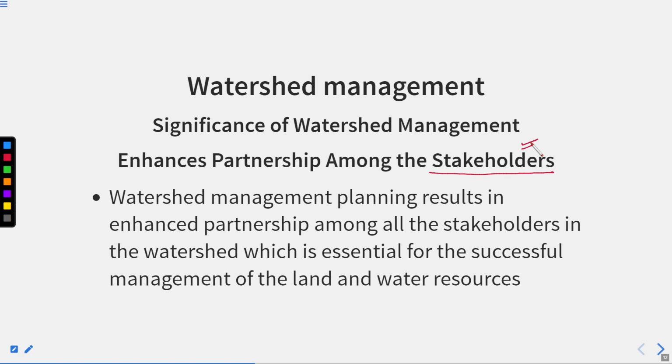Now, can we plan our watershed management without these stakeholders? I think no, we cannot, because they are also a part of this watershed management planning. So whatever planning we do, we must involve these stakeholders to have a proper management system.